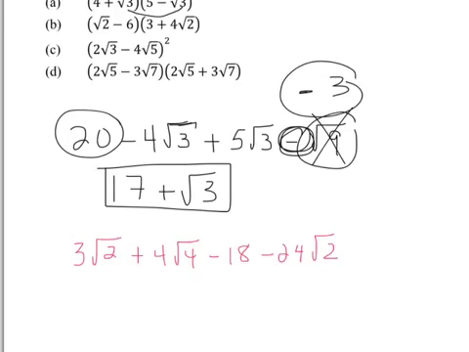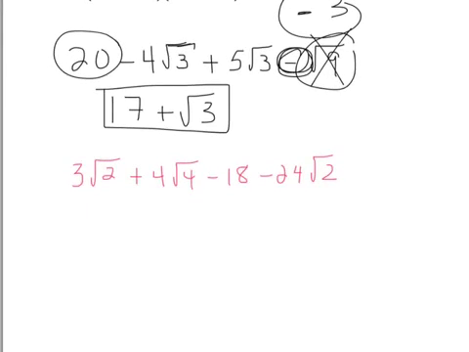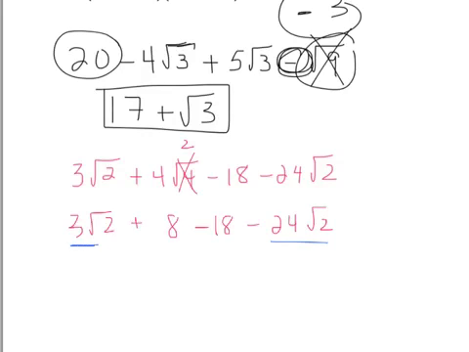Good, and then you simplify that to 3 radical 2 plus 8 minus 18, because the radical 4 is 2, so you multiply 4 by 2. Minus 18 minus 24 radical 2. And simplify that to negative 21.